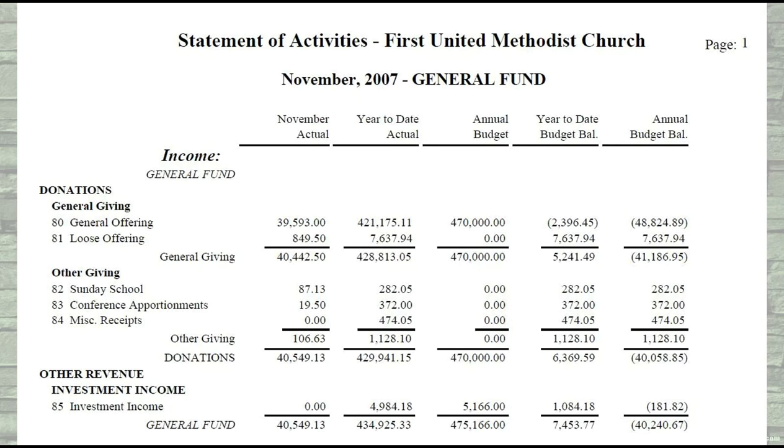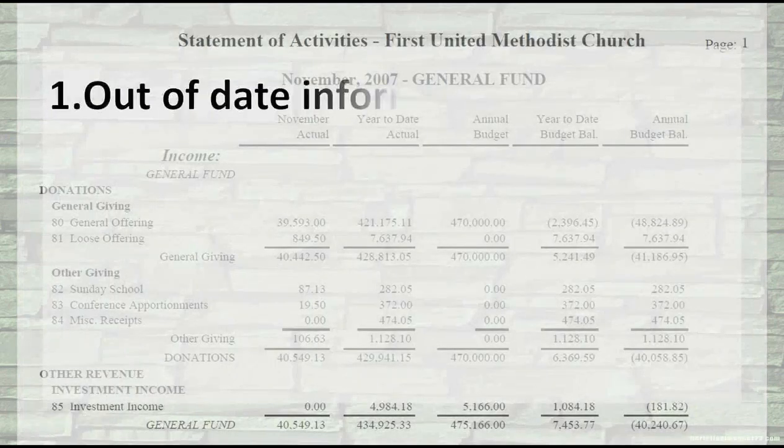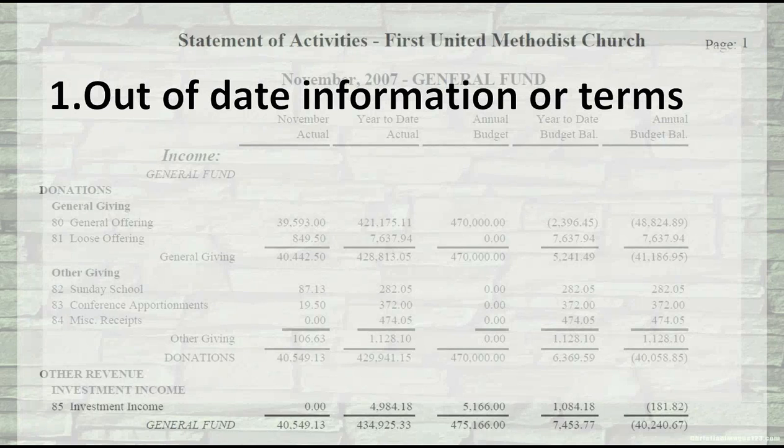This is a statement of activities from the church that I serve, Bismarck First United Methodist Church, from 2007. What you would find is out-of-date information or terms. There are programs where we've changed the name, or I always think about apportionments, where our data's changed.